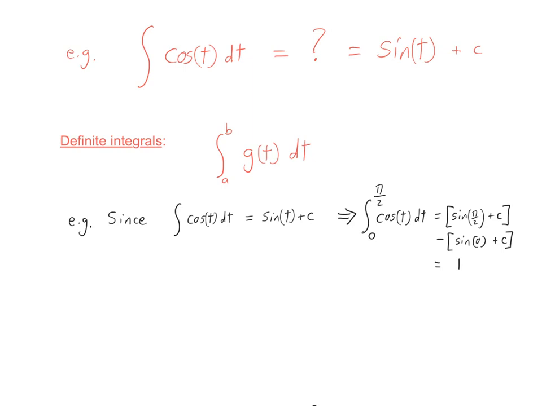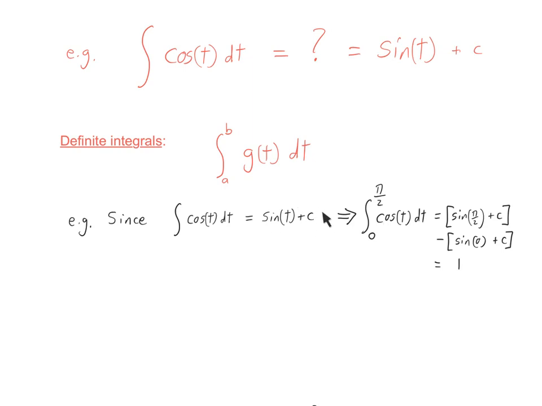We've already determined that the indefinite integral of cosine of t with respect to time is just sine of t plus a constant. Now, suppose I don't want to know what the integral of cosine of t is, but I want to know what the definite integral from 0 to pi over 2 of cosine of t is. Well, it's very simple to compute. Here's what you do. First, you figure out the regular old indefinite integral of cosine of t.